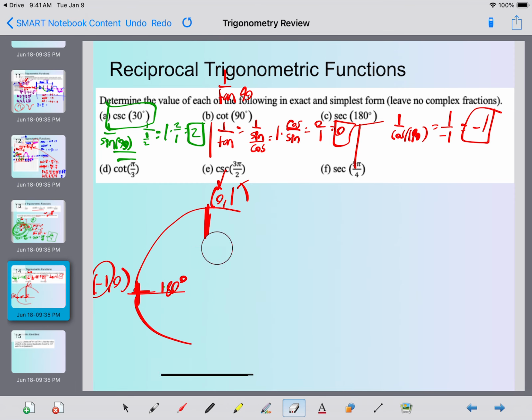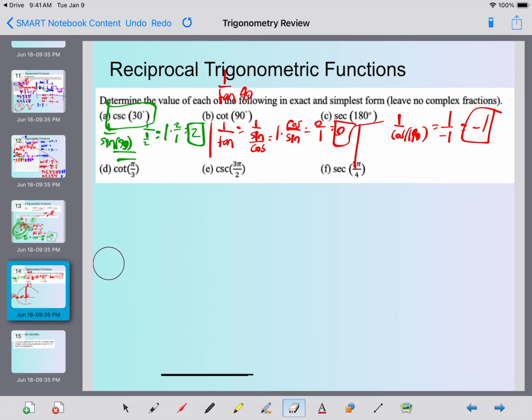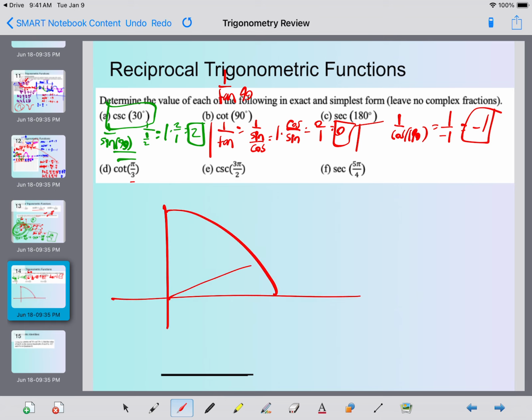Now, you could go about the radian measures in different ways. Personally, I recommend that you convert to degrees, but something you could do to kind of memorize the radians for the first quadrant, if you're memorizing the first quadrant, right? You know, it's 30, 45, 60, right? This is pi over 3, pi over 4.